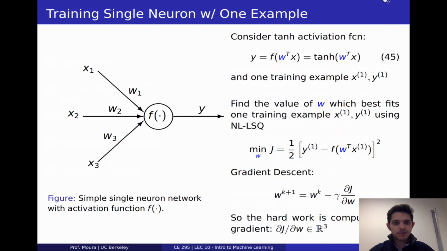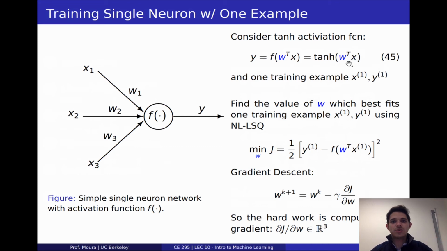All right. So let's consider the problem of training a single neuron with one training example. And to make this concrete, we're going to consider, just for fun, the hyperbolic tangent activation function. Okay? So our nonlinear regression model, which turns out to be a single neuron, is going to be y equals tanh(w^T x).